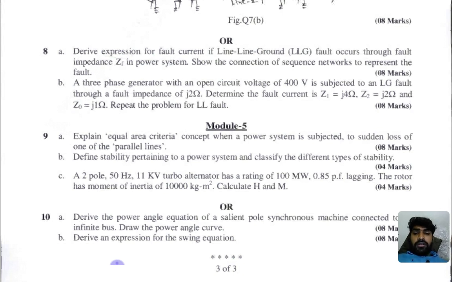Fault impedance is j2 ohm. Determine the fault current. Z1 is equal to 4 ohm, Z2 is equal to j2 ohm and Z0 is equal to j1 ohm. Repeat the problem for LL fault. LG fault first you calculate. After that, for the LL fault you follow the same method, with just one slight difference, one value will change.